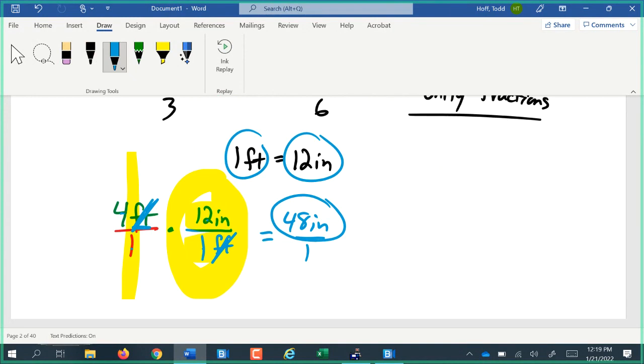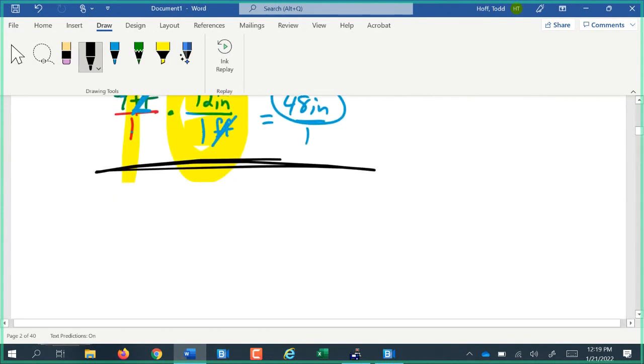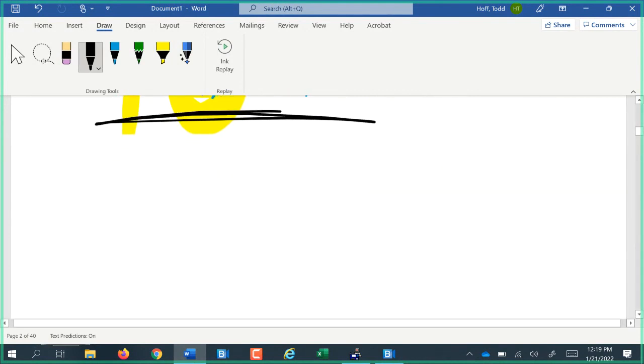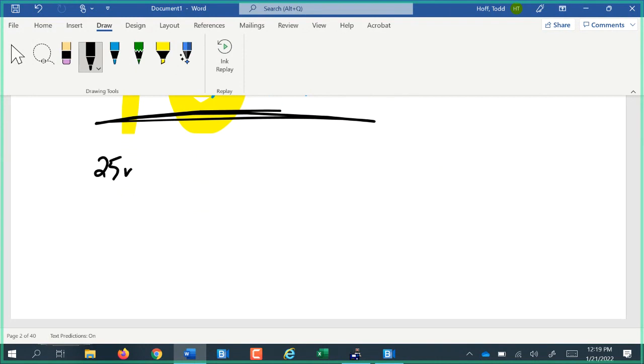Now, many of you have done measurement conversions enough that you don't need to go through the unity fraction to convert feet into inches. But this is medical math, so we might run into a situation where we have a medication that is dissolved in fluid, where it is dissolved with 25 milligrams of medication in 8 milliliters of solution.